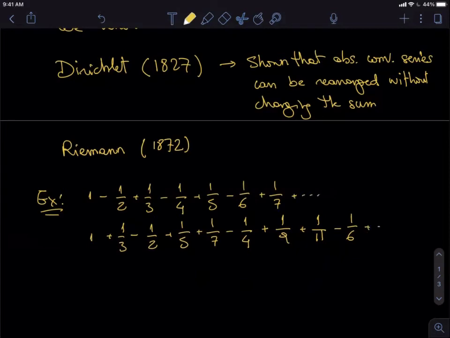What I'm doing is adding together two positive terms, and then subtracting one negative. Two positive, then one negative, and so on. Here, notice that what happens to the series is that it builds up twice, then goes down a little. Up twice, then down a little.